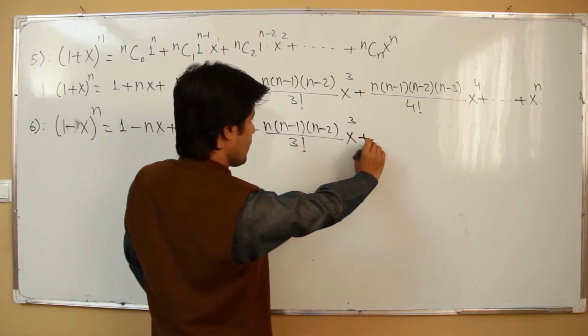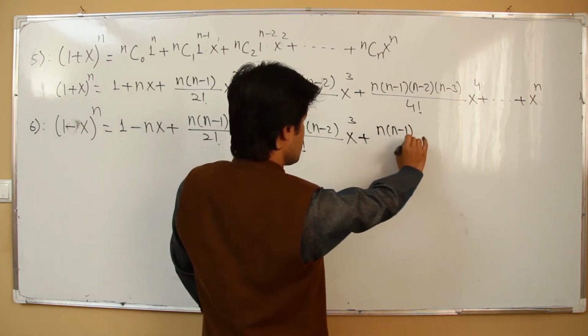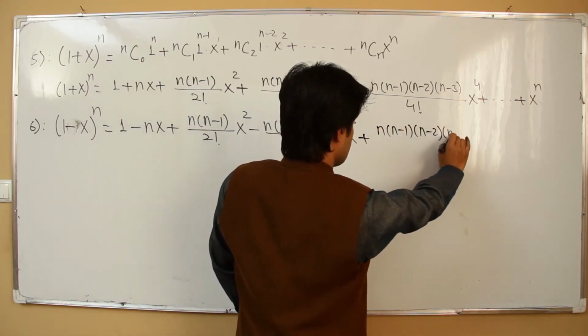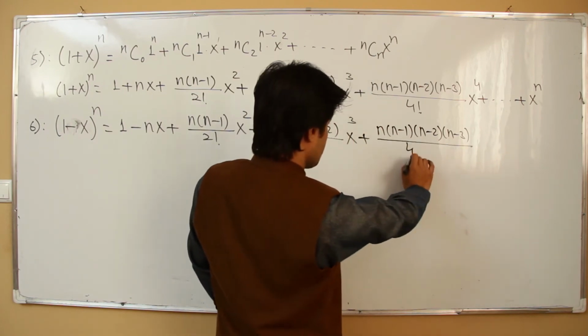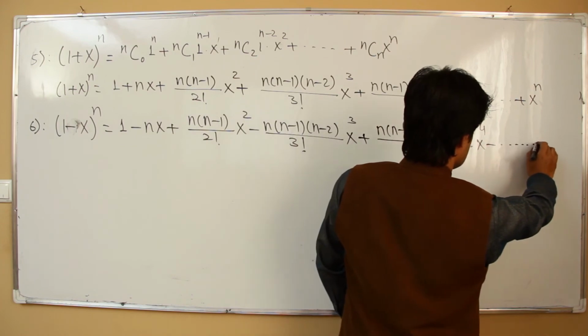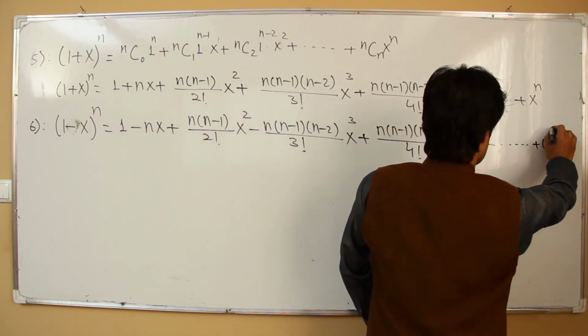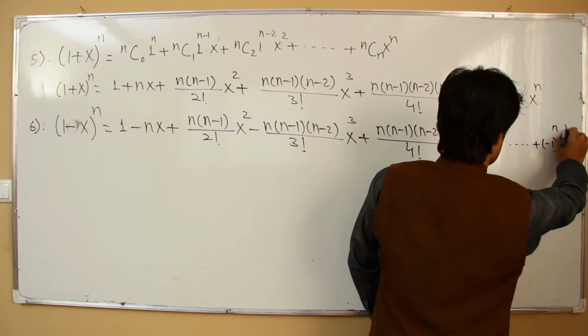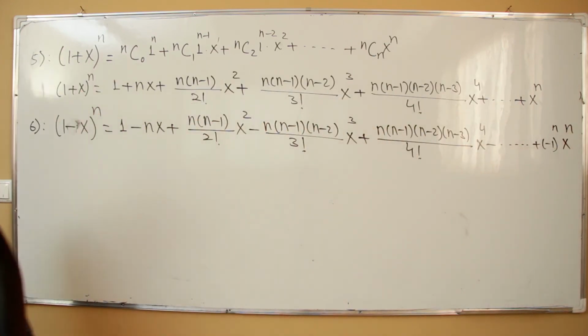After negative we have positive, (n minus 1)(n minus 2)(n minus 3) divided by 4 factorial x to the power 4 minus, like this one, and minus 1 raised to the power n x to the power n. This is the general formula for 1 plus x raised to the power n and 1 minus x raised to the power n. Write it please. These were the particular cases for the binomial expansion.